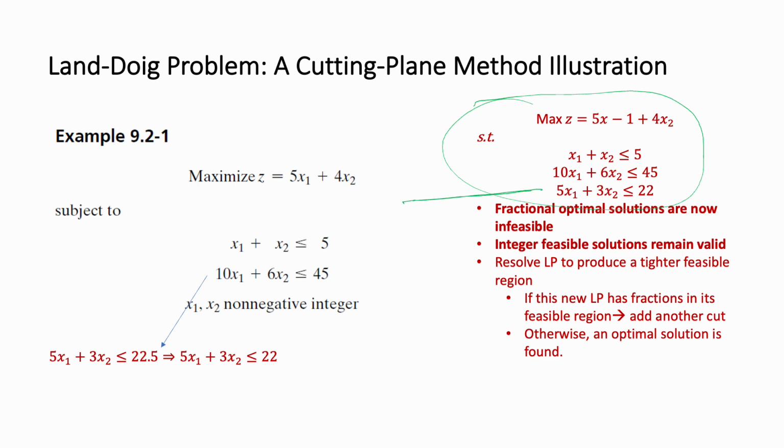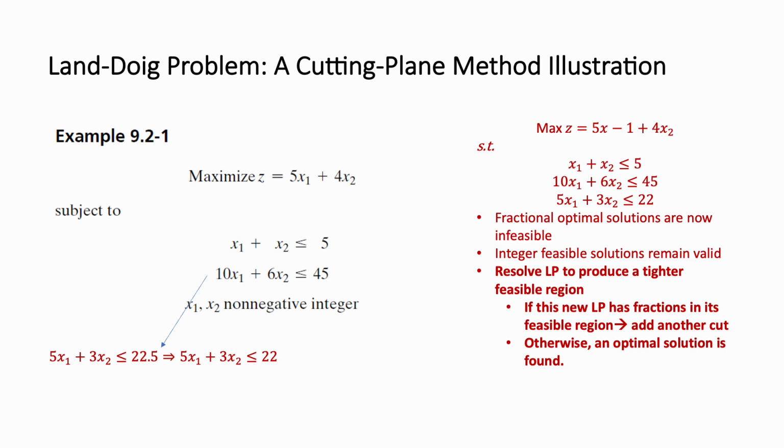Once we add the cut, we solve the LP again. So we add a cut, meaning we added a new constraint, so we're restricting the solution space based on this constraint. And then we solve the LP again. The fractional point should no longer be available with this new constraint, and the new LP optimum is expected to be closer to the integer area.